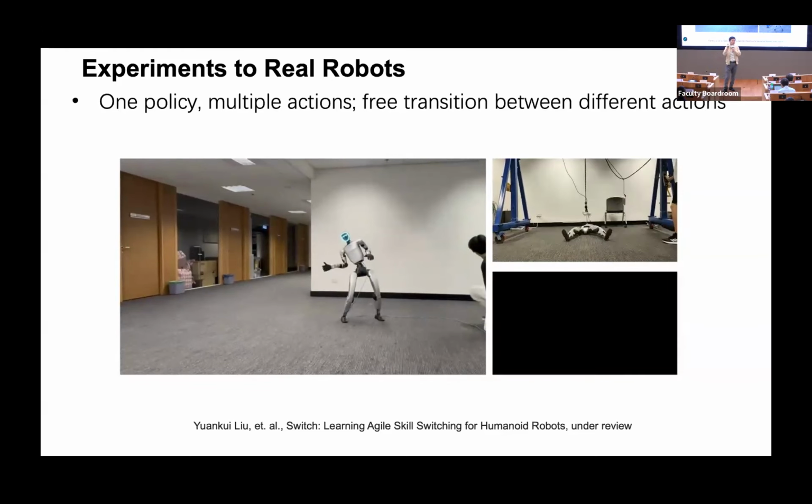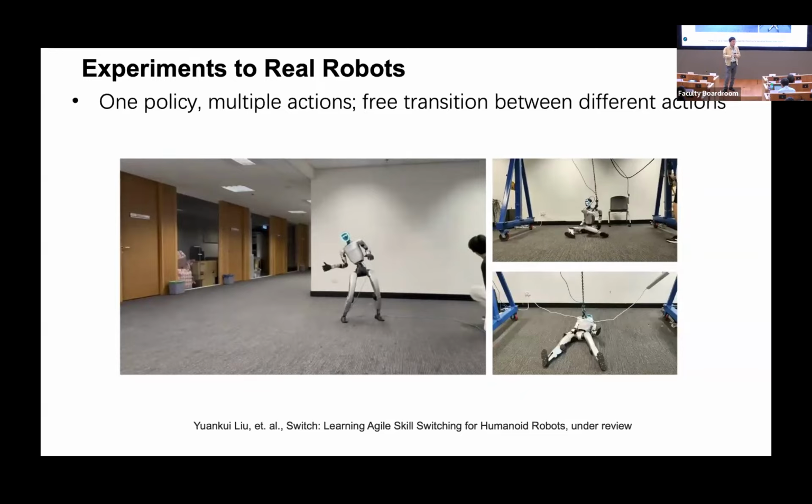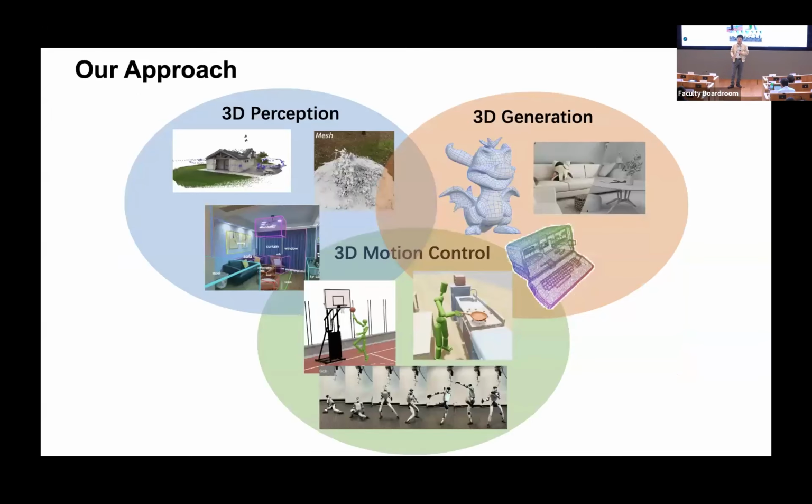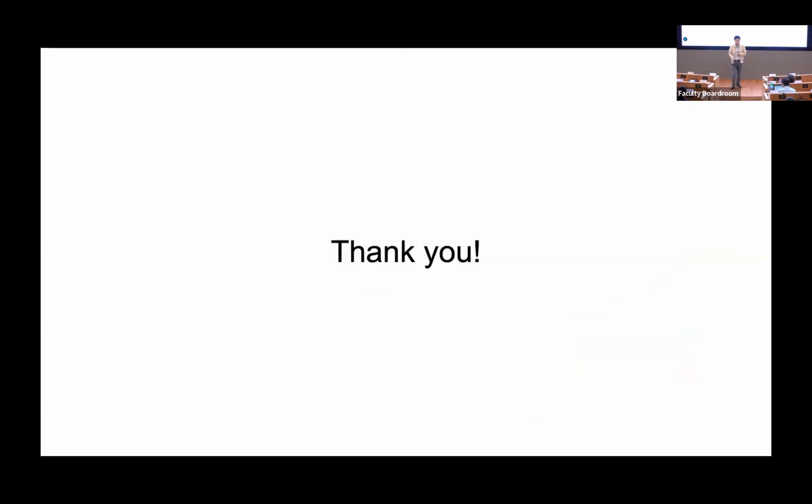It can do jump shots, it can do layups, and it's quite interesting. So far I talked about a few recent works covering 3D reconstruction, 3D generation, and robot motion control. And thank you very much for your attention.